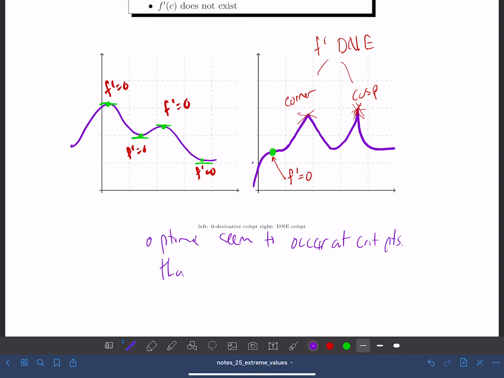And they do, as long as we're not talking about boundary ones. Okay? Let's turn the page.